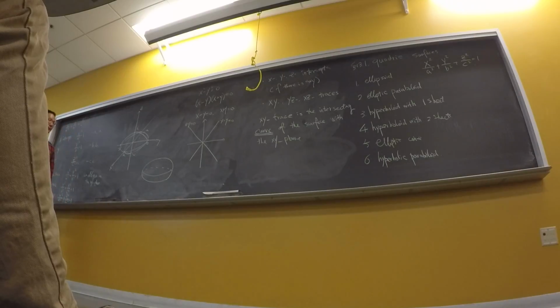The ellipsoid looks like this. Okay? But if you want to include all the traces in the picture, this is what it looks like. Okay?